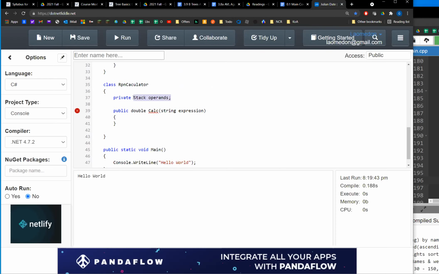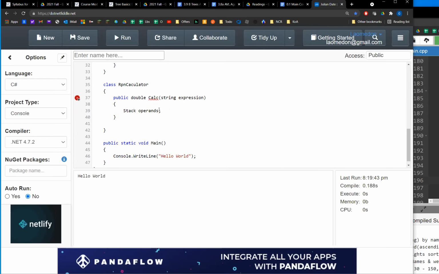And we don't need that memory, which is going to be a local stack of operands. Carry on.